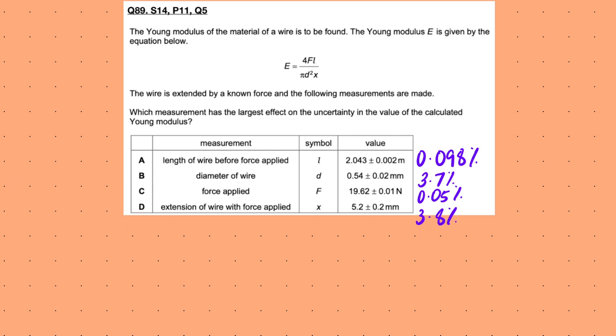And the reason is this, that if I think about the formula here, there's a reason why the question didn't just say the largest percentage uncertainty, and instead it said the largest effect on the uncertainty.